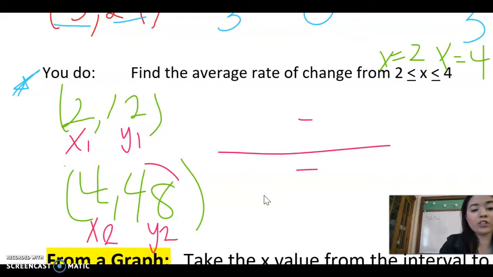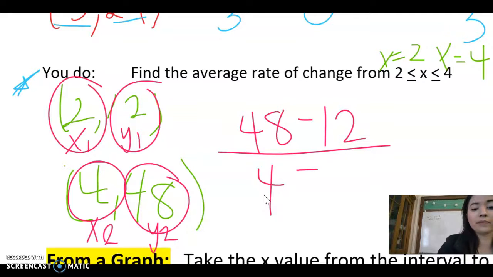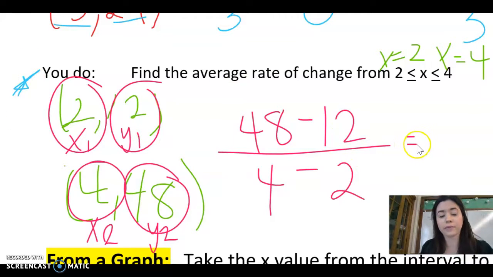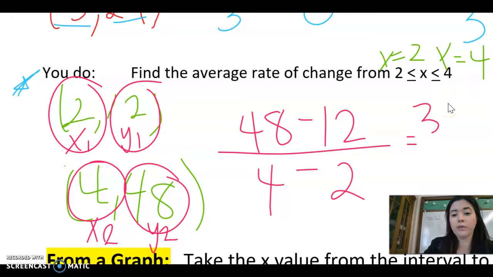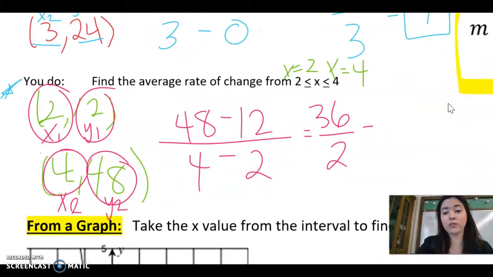All right, y2, 48, minus y1, x2, minus x1. Okay, then we get 36 over 2, and 36 divided by 2 equals 18.